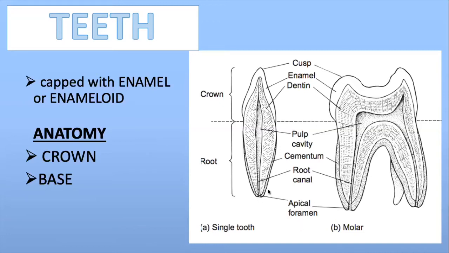The apical foramen is the opening sa root ng ating ngipin. And then we also have the cementum, and we also have the root canal, which is still part of the pulp cavity. Okay? So again, the root or the base of the teeth is the region below the gum line. Okay? Next.